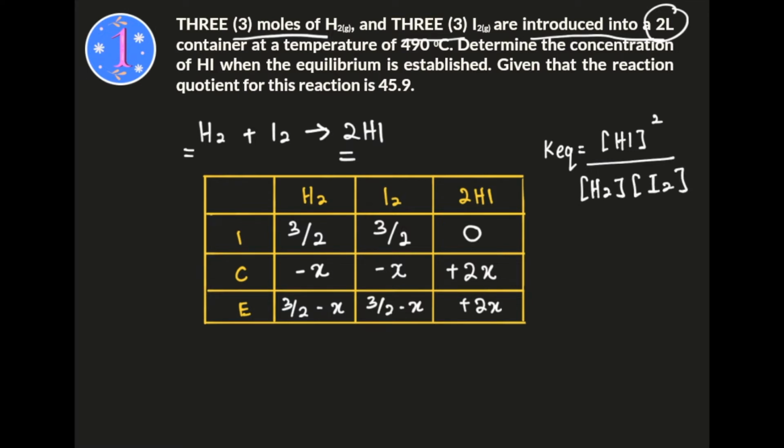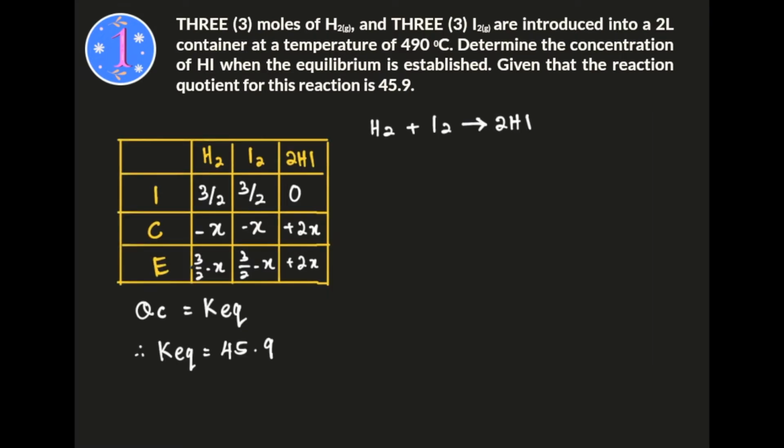So what we are going to do now is we are just going to plug in all these values and make sure that you know that the value of KEQ is the same as your QC, the reaction quotient given to you in the question, which is 45.9.